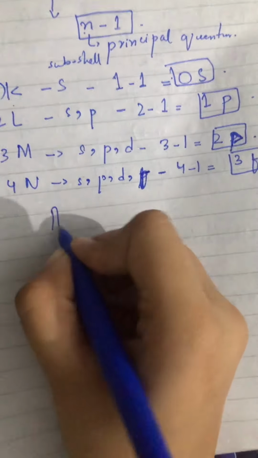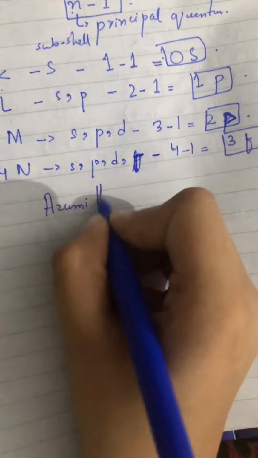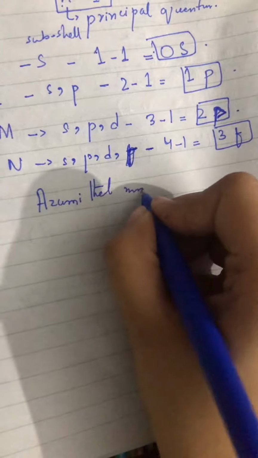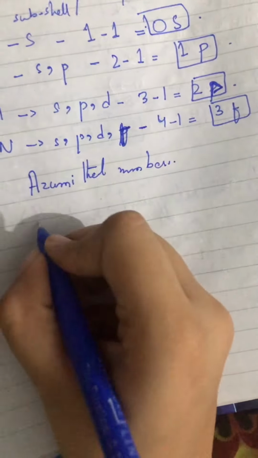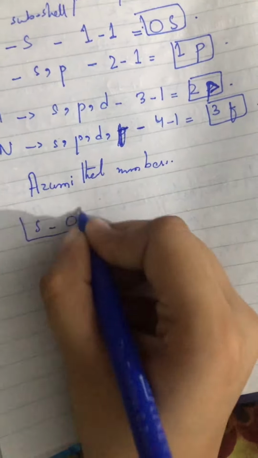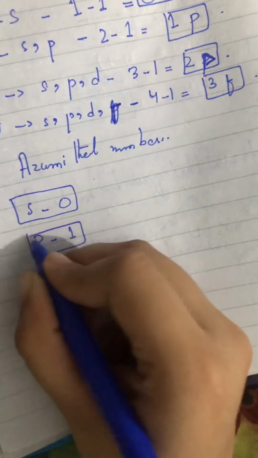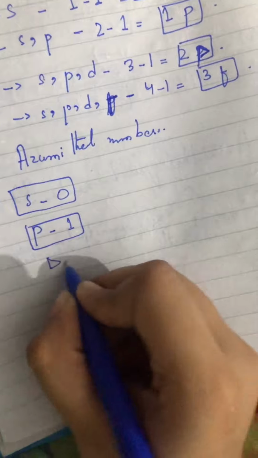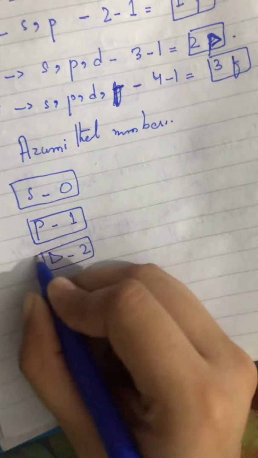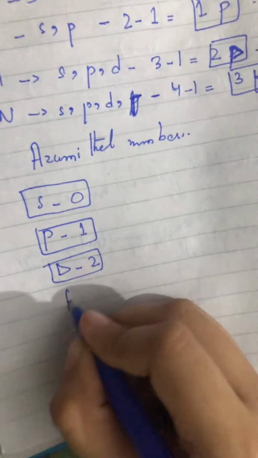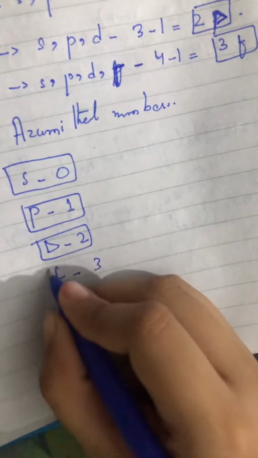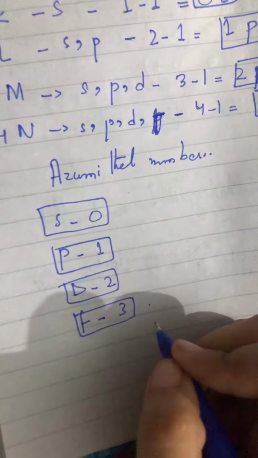Here I am writing the azimuthal numbers: S is 0, P is 1, D is 2 and F is 3. These are azimuthal numbers of subshells.